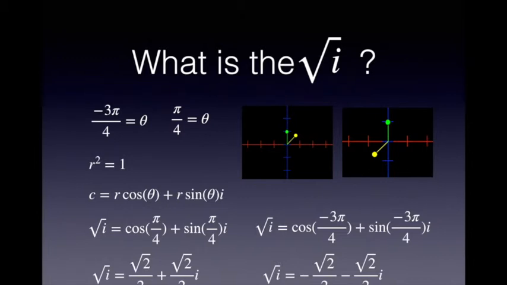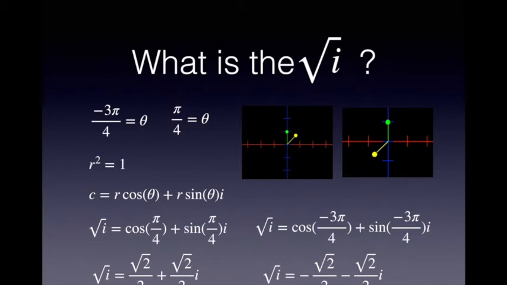And now let's plug in our two values for theta. The first one is cosine pi over 4 plus sine pi over 4 i. The cosine of pi over 4 is square root of 2 over 2, and the sine of pi over 4 is square root of 2 over 2 as well. So square root of i equals square root of 2 over 2 plus square root of 2 over 2 i, just like before.